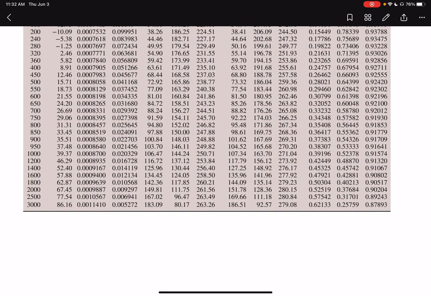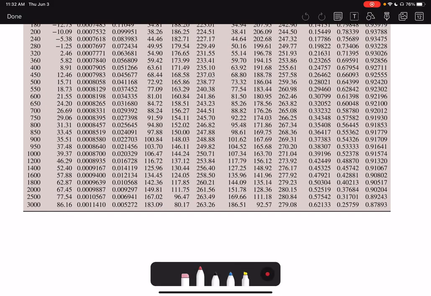At 1.2 megapascals, we see that our saturation temperature is 46.29. So we can say that T is greater than Tsat. Therefore, we're going to go to superheated.